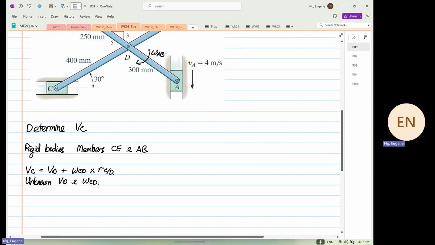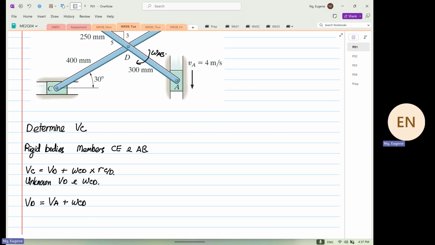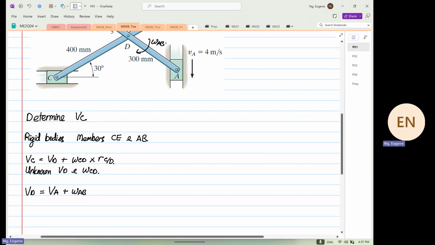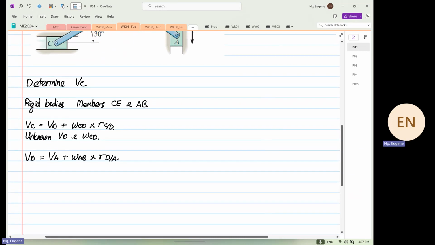The formula we want to use to get VD is VD is equal to VA plus omega AB cross R D from point A. So we have to use this equation over here.